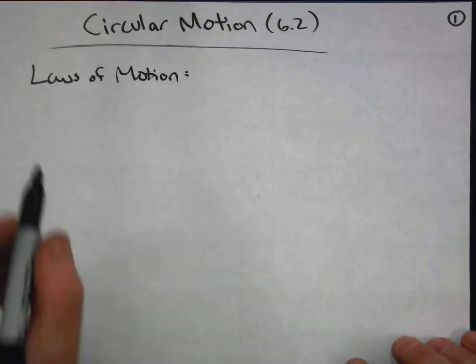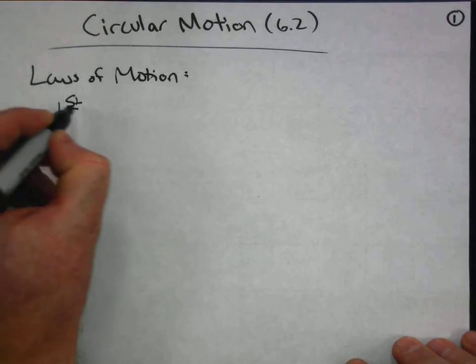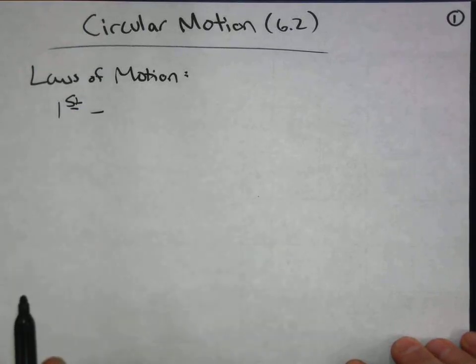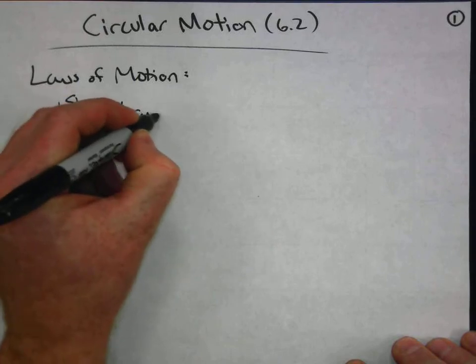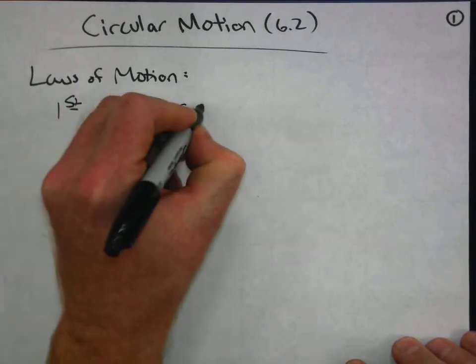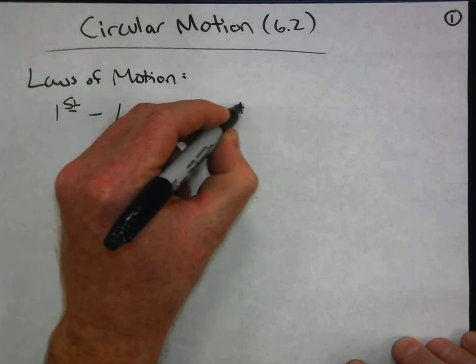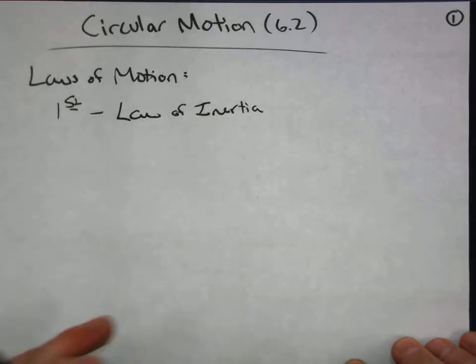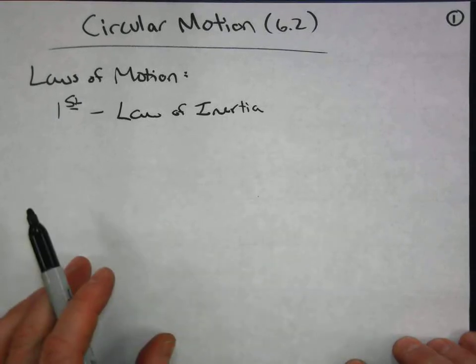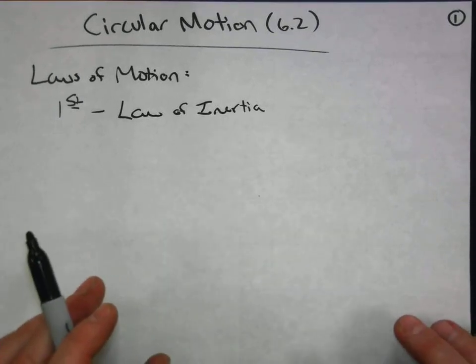First law of motion, just a quick recap: basically, objects keep doing what they're already doing. You can think of this as the law of inertia. Inertia is measured by the mass of an object.